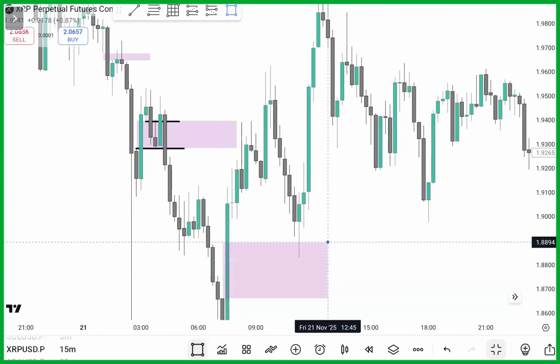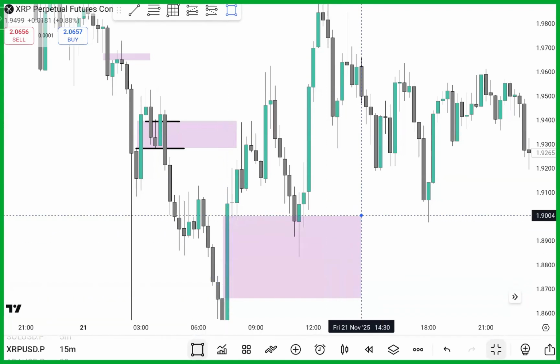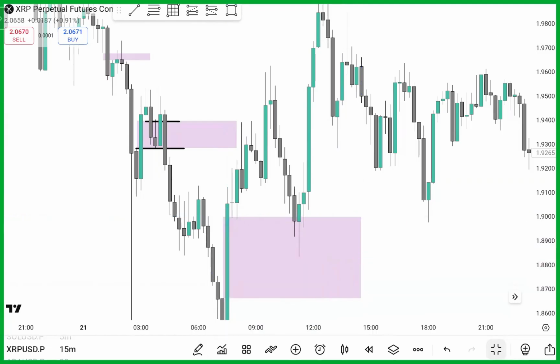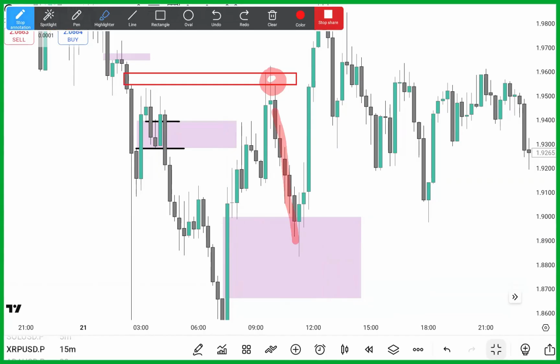you get, price. This was an inversion. This was an inversion here. This one here, an inversion. IFVG. Price continued. It tapped into this fair value gap, continued down, just like that.